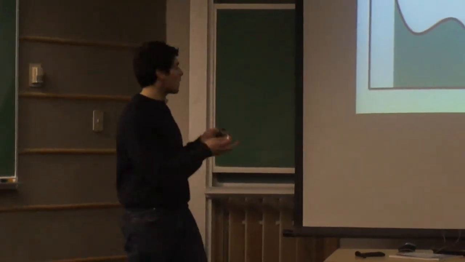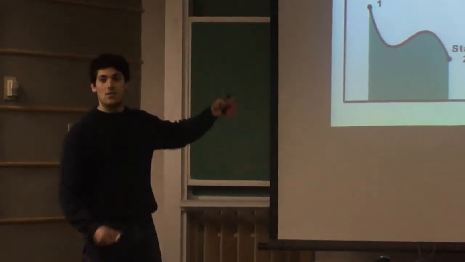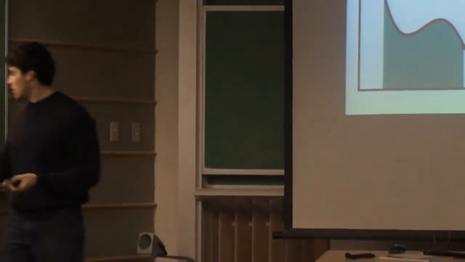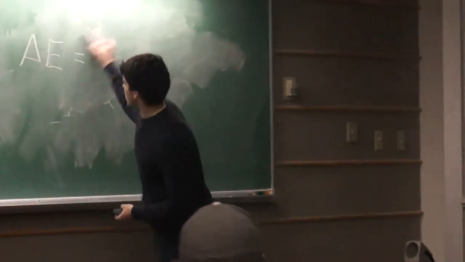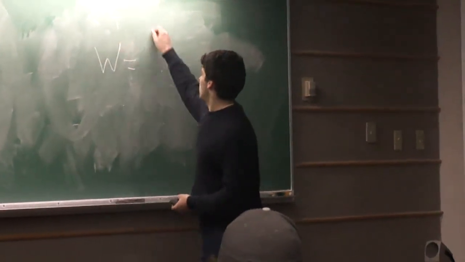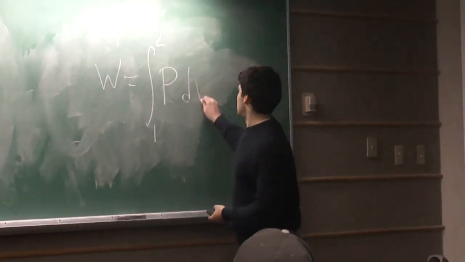So if you go in the lab and you measure different volumes and pressures and you get a curve like this, then to find the work being done by the substance is just calculus. It's really just the integral from state 1 to state 2 of the pressure dV.